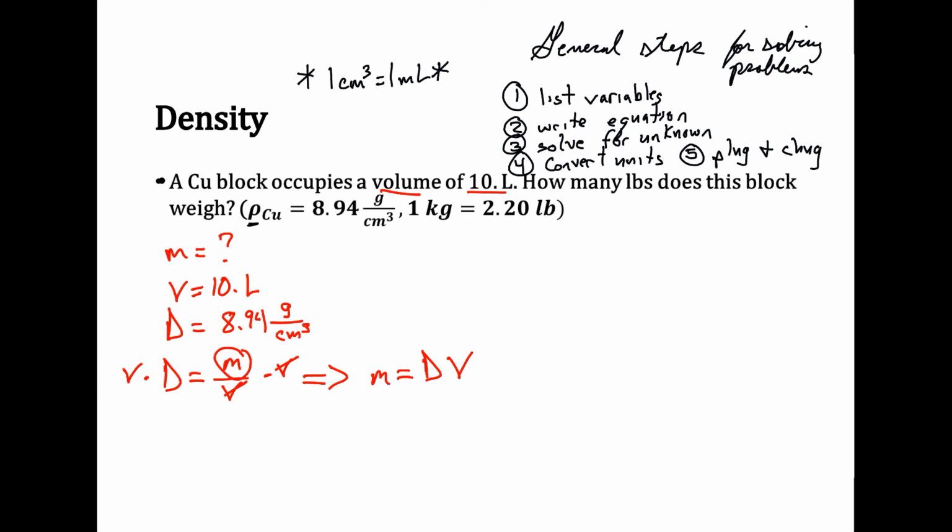All right, so we're going to plug in for density and volume, but one of the things we should take note of is that the density is in grams per centimeter cubed, and the volume is in liters. So what we should probably do is convert those liters to milliliters, and then consider changing that to cubic centimeters.